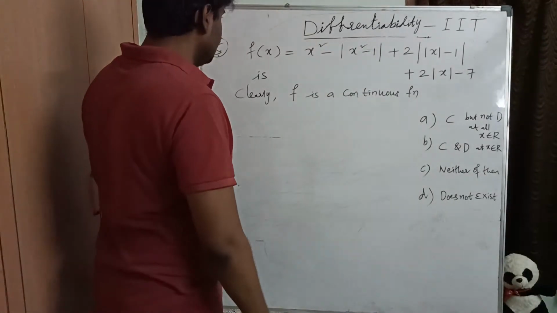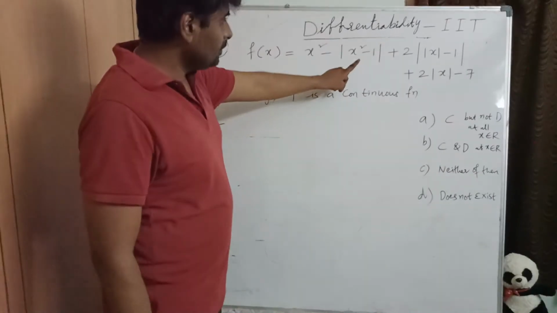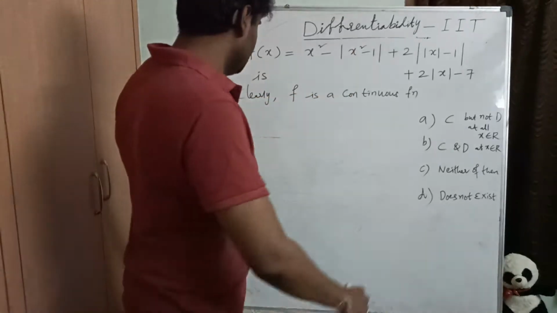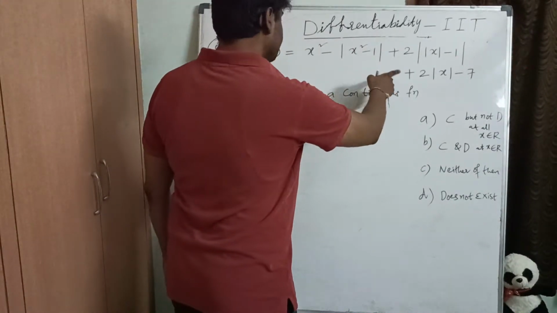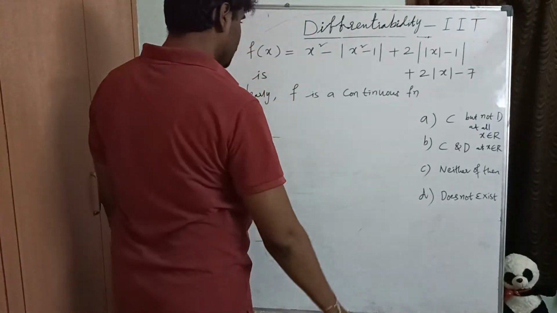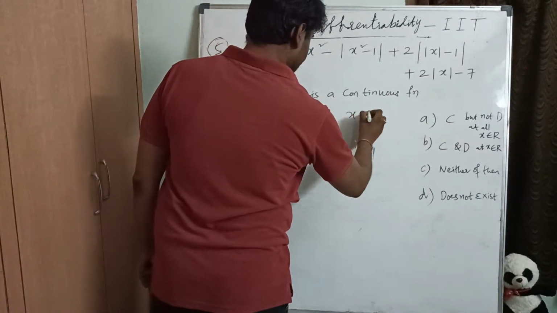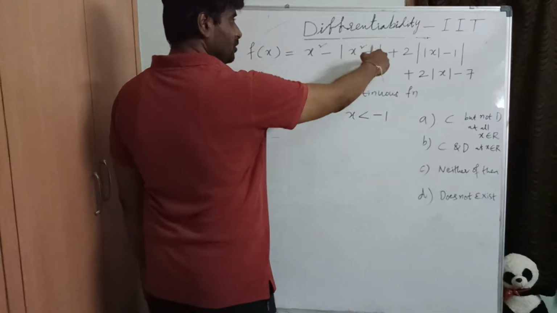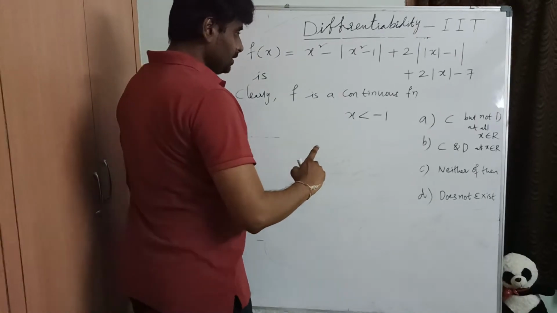Now where can we check here? At x equal to -1 we can check, right? So -1 to 0 we can, and 0 to 1 and more than 1 we can take. See here, let me take below -1 because at 1 or -1 it will be 0. Now below -1.